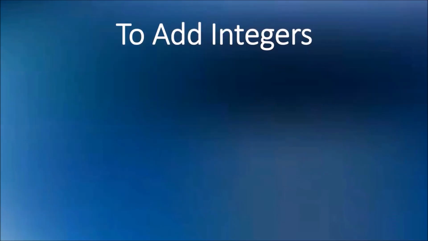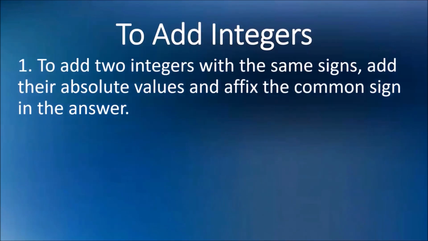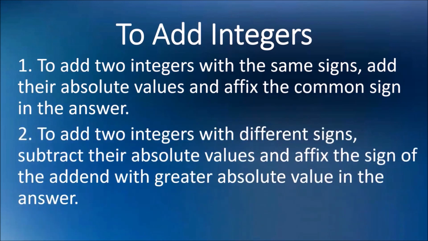And to add two integers with the same signs, add their absolute values and affix the common sign in the answer. And to add two integers with different signs, subtract their absolute values and affix the sign of the addend with greater absolute value in the answer.